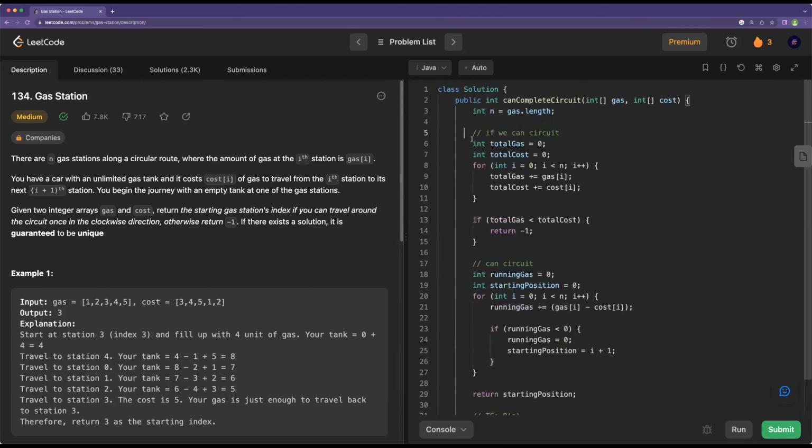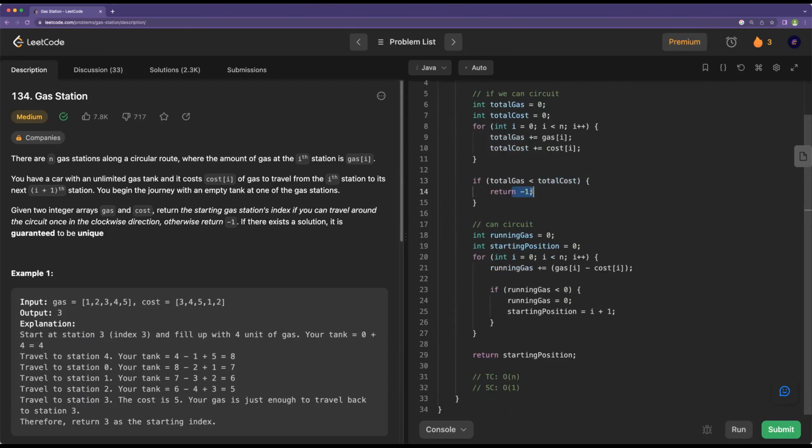So in brief, first we are checking if we can circuit back or not. How we are checking that? We are calculating the total gas and total cost. If total gas is less than total cost, we cannot circuit back, so we return -1. And if we can circuit, then we are calculating running gas. We are keeping track of running gas and starting position.